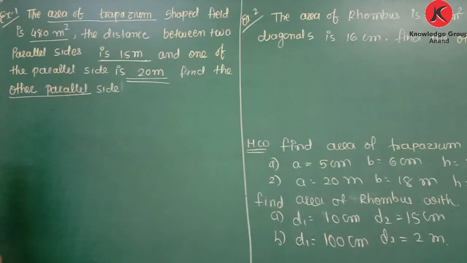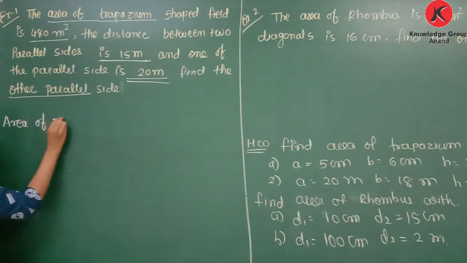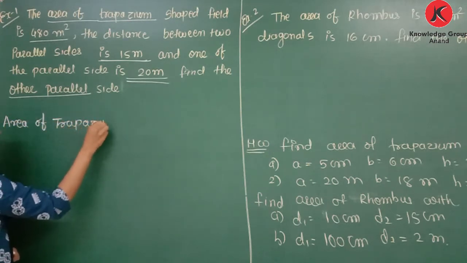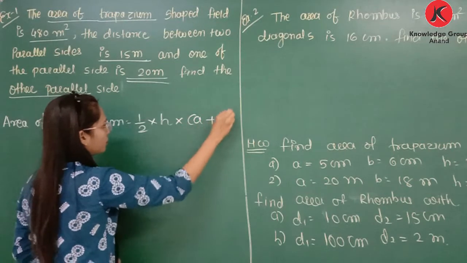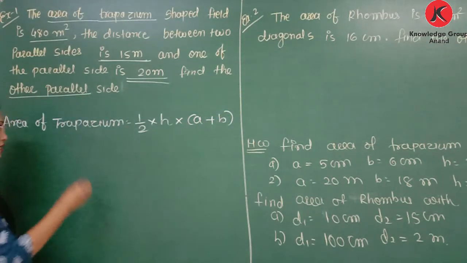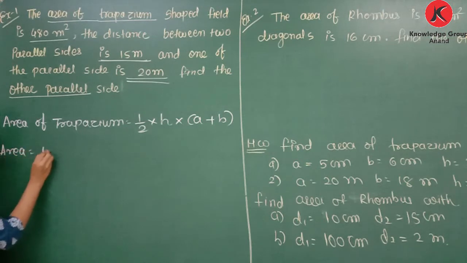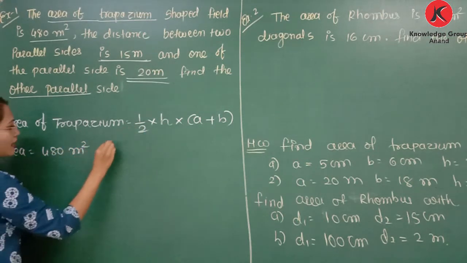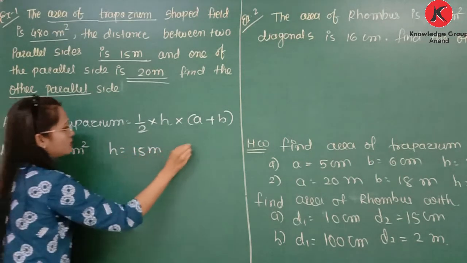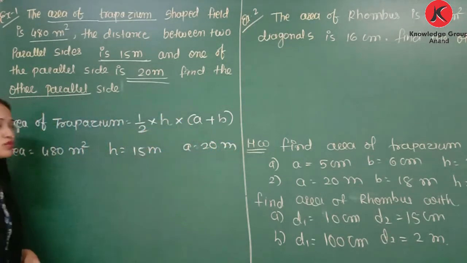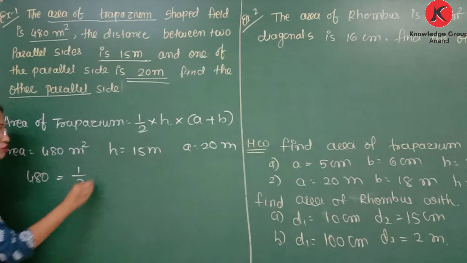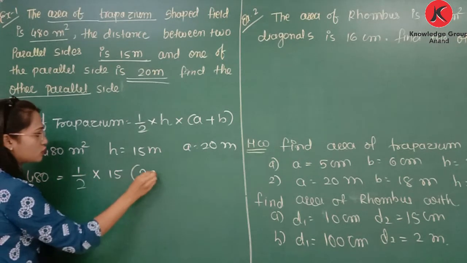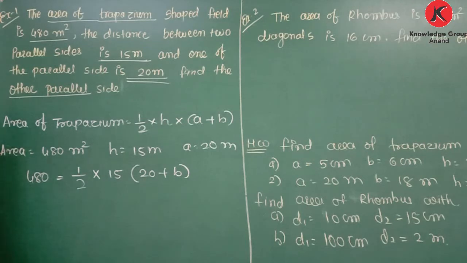Find the other parallel side. So what is the equation for the area of a trapezium? That is 1 by 2 height (a plus b). Now, which information is given? Area is given, 480 meter square, h is given 15 meter and a is given 20 meter. So if we write the values in this equation, we get 480, that is the area of the trapezium, is equal to 1 by 2, height 15, a is 20 and b, the other parallel side we need to find.